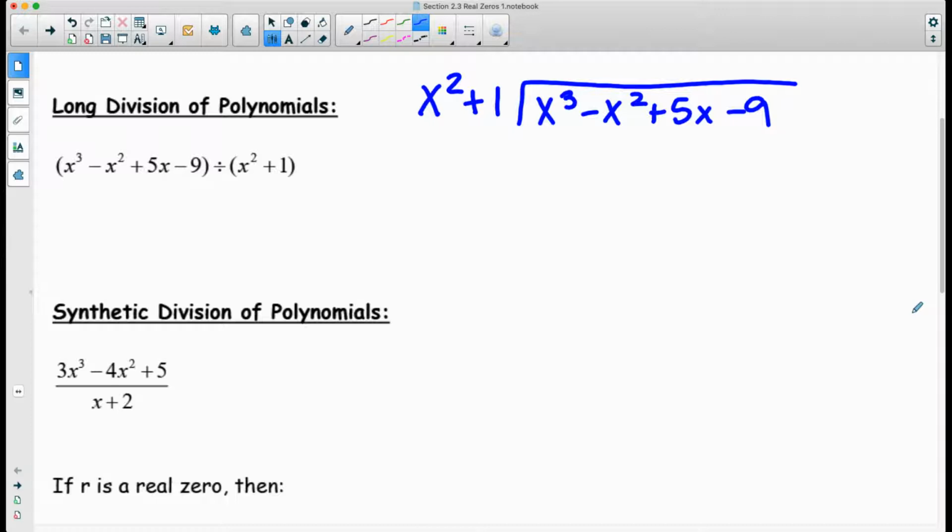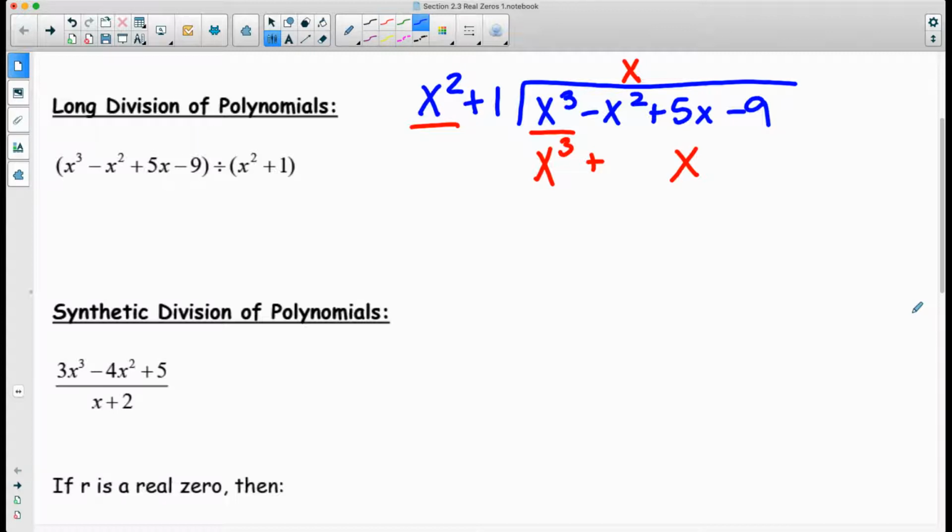And you're always going to start with this piece right here. What times x squared gets me x cubed? X. So then I take my x and I'm going to multiply it to both of these pieces. So x times x squared gets me x cubed, and x times 1 gets me x. Notice how I'm going to put that under the one that I'm going to combine it with, okay?